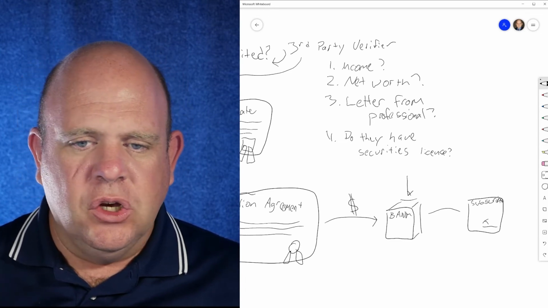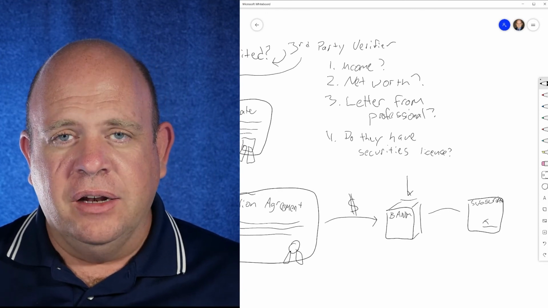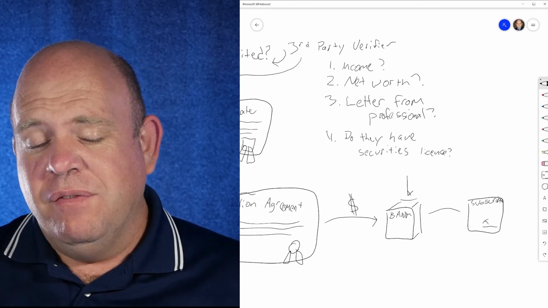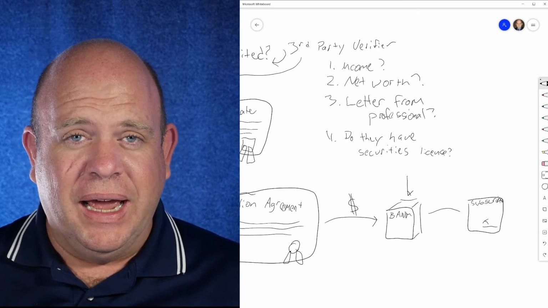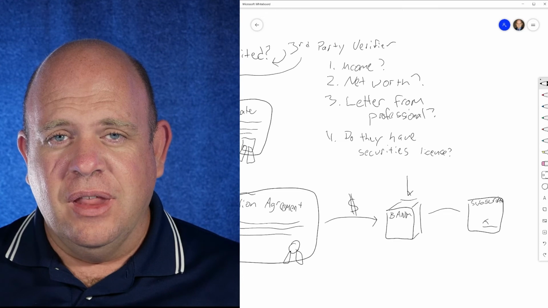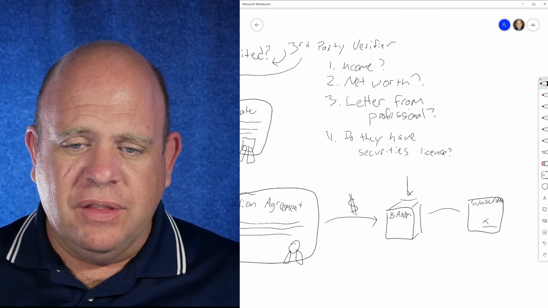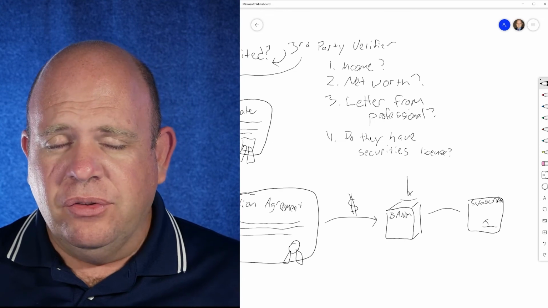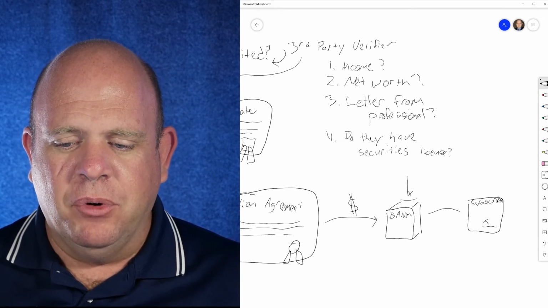Now let's talk real quick about whether it's your bank or an escrow. This is up to you. I haven't found a need in deals that I've done to have investors wire money into an escrow account. They just send it to me. You may find that in some areas it may just be easier to give that money to an escrow company and have them hold on to it.